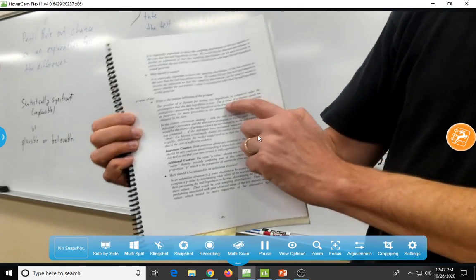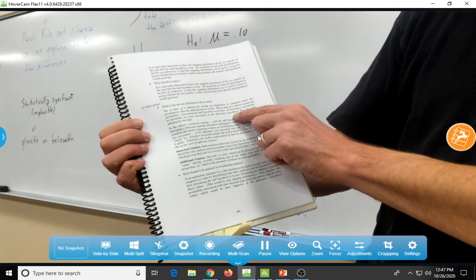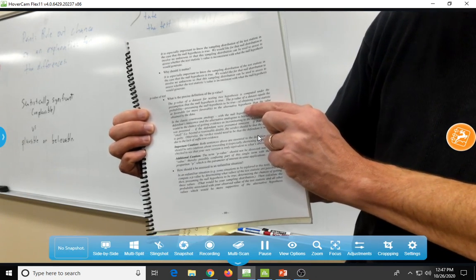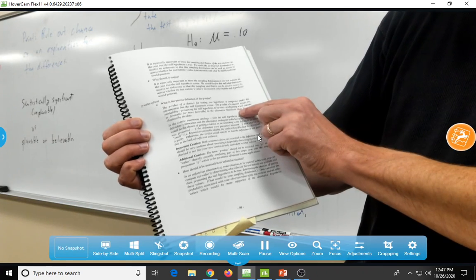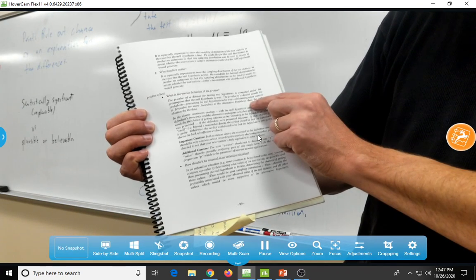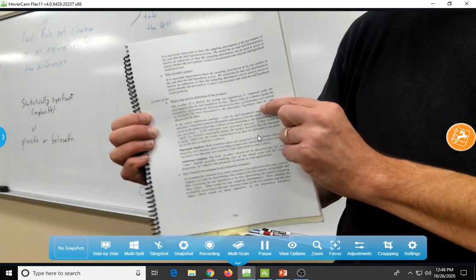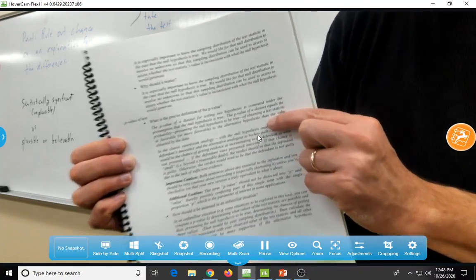The p-value of a data set is equal to the probability, presuming the null hypothesis to be true, of obtaining a test statistic as favorable or more favorable to the alternative hypothesis than obtained by the data. This is something you'll need to memorize, by the way.